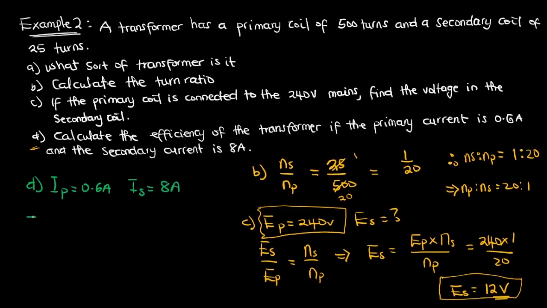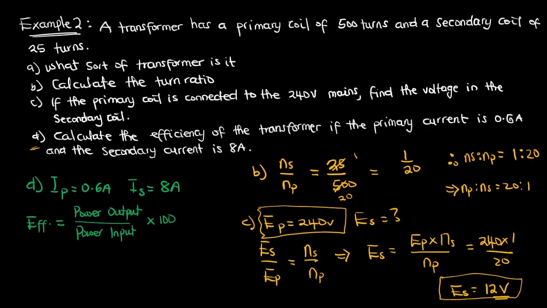Now, the efficiency of a transformer is equal to power output over power input, multiplied by 100. That is it.